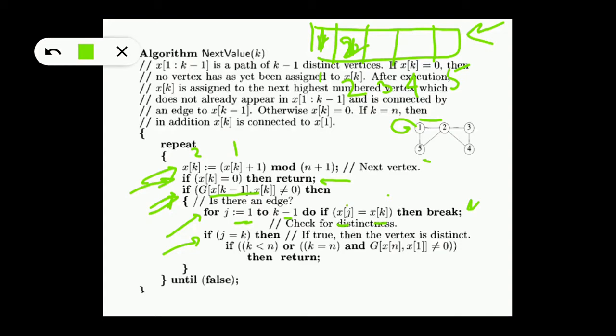If j's value has now become 2 and k's value was also 2, that is 2 is equal to 2, then it means that the vertices were distinct.